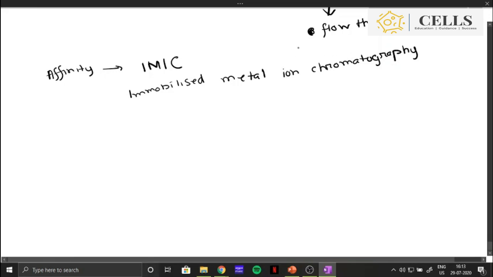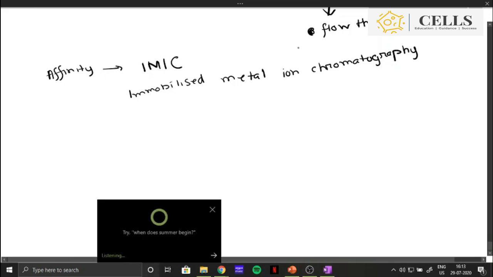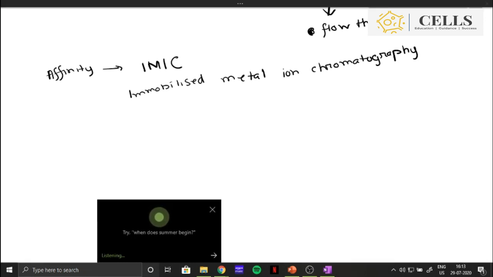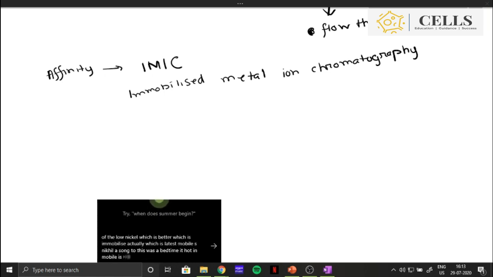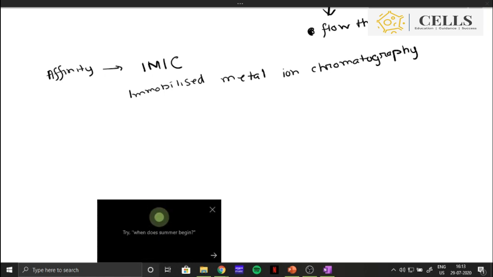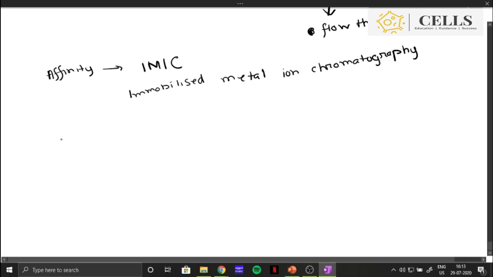Because of the nickel, which is immobilized and bound, this is also known as IMAC, or immobilized metal ion chromatography, which is basically the same nickel NTA bound affinity chromatography. So now we'll come to the stepwise fashion of how affinity chromatography is done.